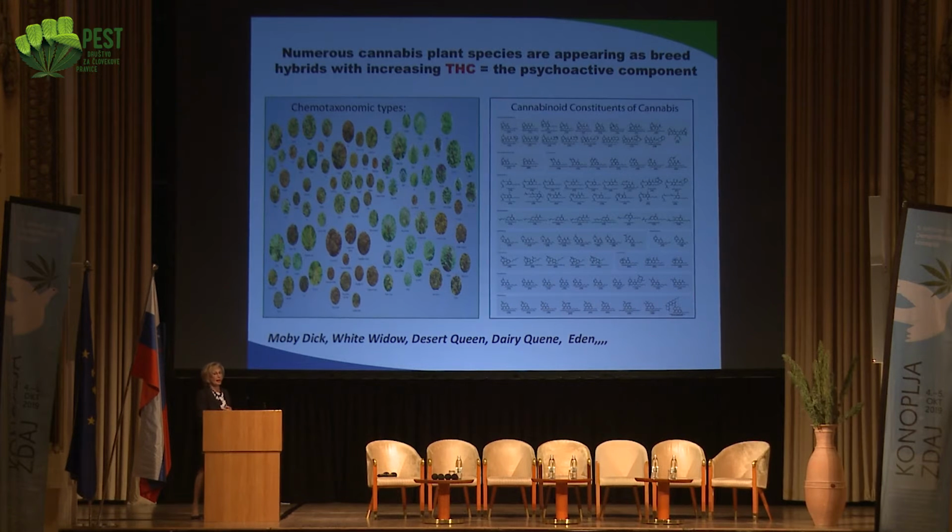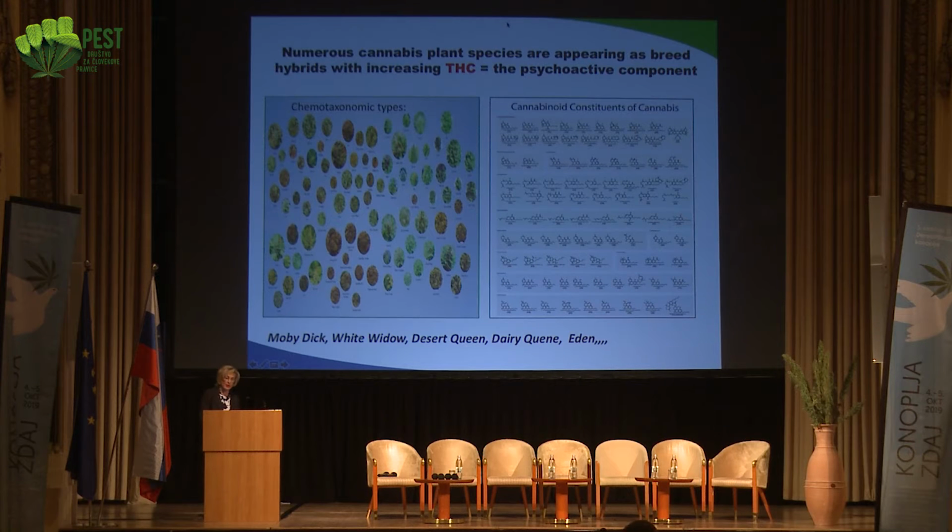And so we have a variety of strains, and they give them very exciting names to sell them better, which means that different strains on the market have very different compositions of cannabinoids, and the difference between THC and CBD is not so evident, or actually a lot of these strains have quite a similar amount of THC and CBD. But how to deal with this in clinics, how to deal with this when we treat patients?